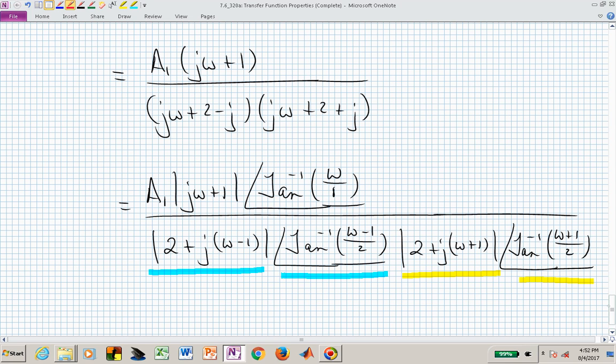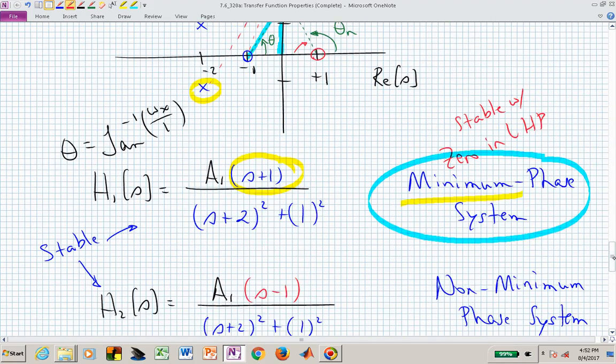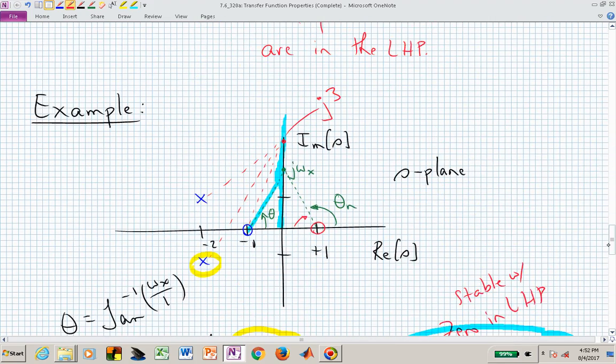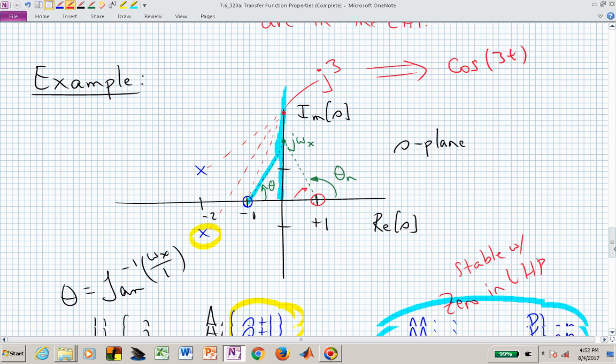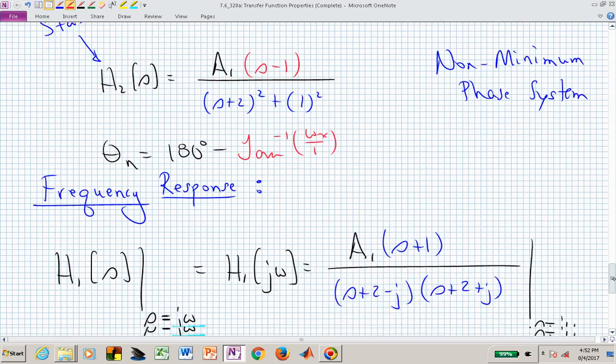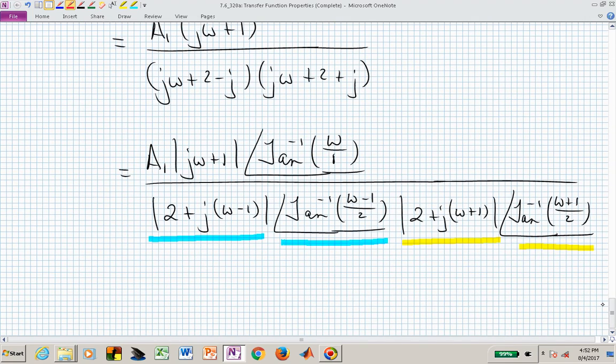If we were to excite this system that has 2 complex conjugate poles and 1 zero using a cosine waveform at 3 radians per second, that's what evaluating at j3 means, then we will see that cosine of 3t gets modified by how this system behaves at that frequency, omega equal to 3.